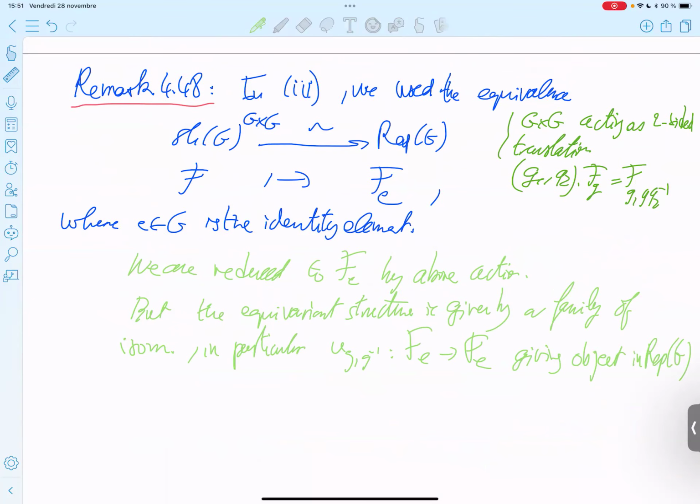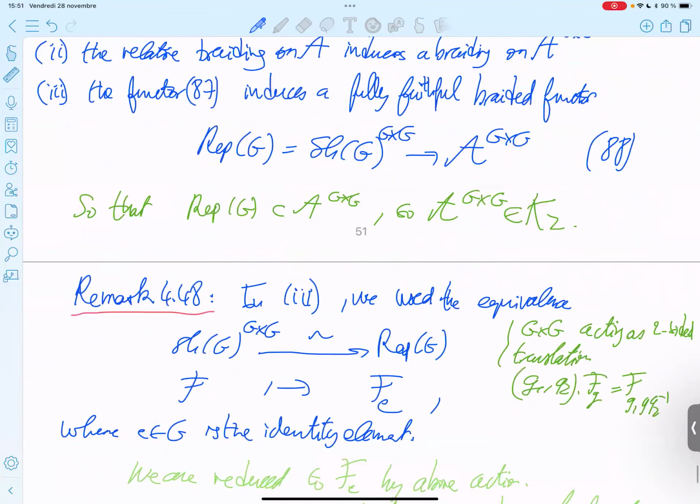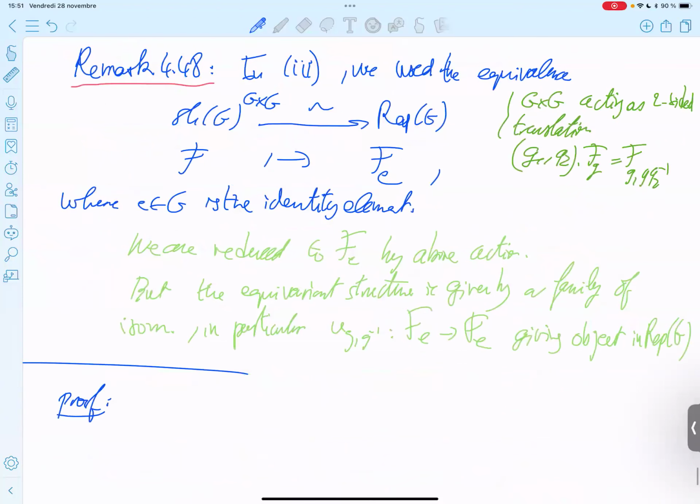So now we can consider the short proof of the lemma 4.47. Okay.